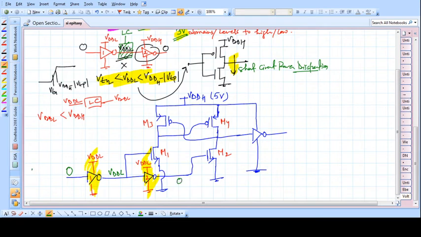So when we are giving the input 0 volt, say 0 volt, across inverter 1, input we are giving 0 volt.